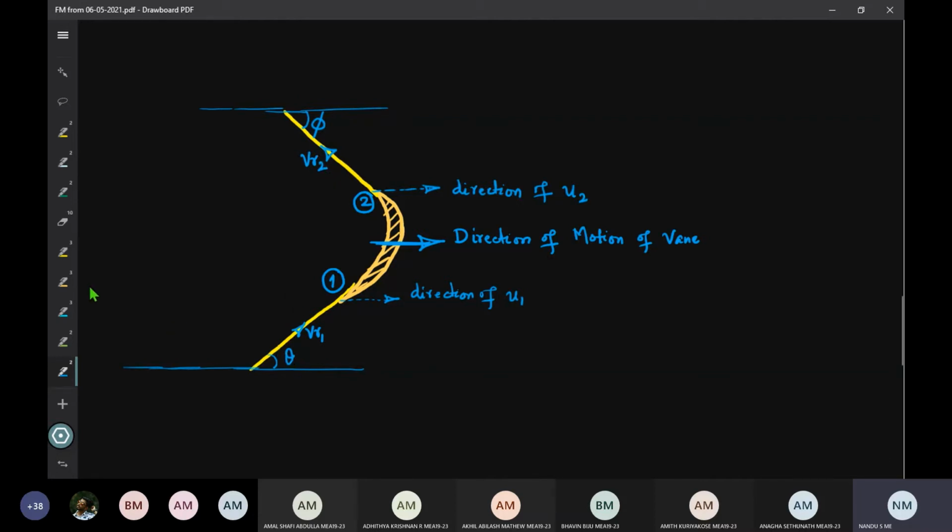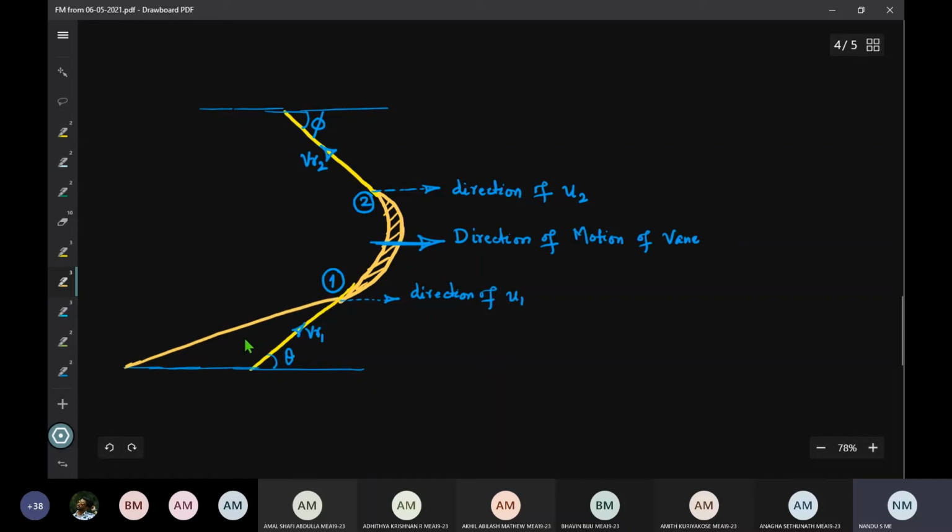Now the absolute velocity, how should it be guided? Let us say this is the absolute velocity, so that the jet enters along Vr1, the relative velocity, along the tangent, to avoid shock loss. Let me draw a line like this.